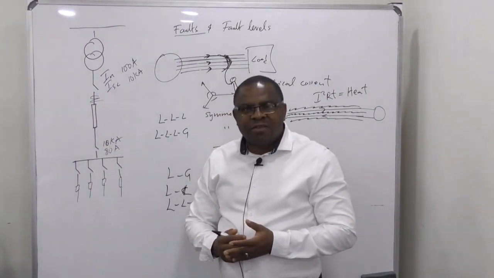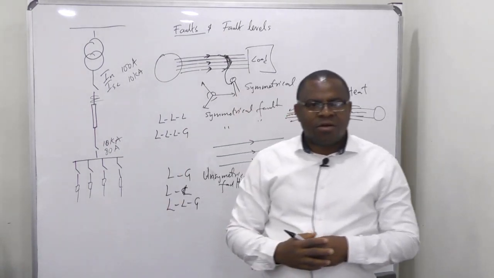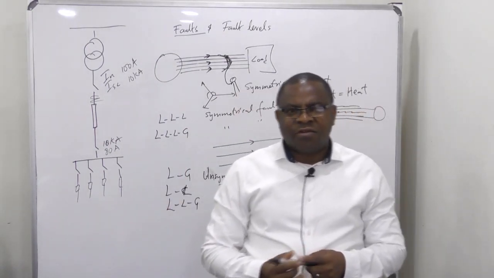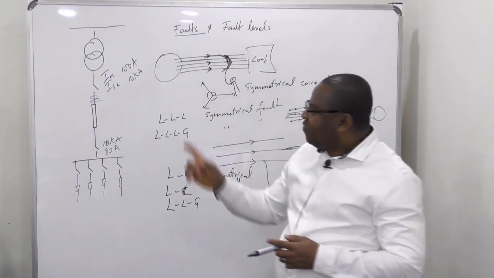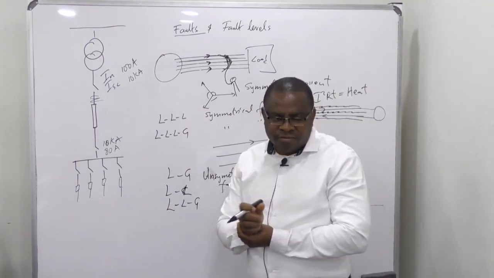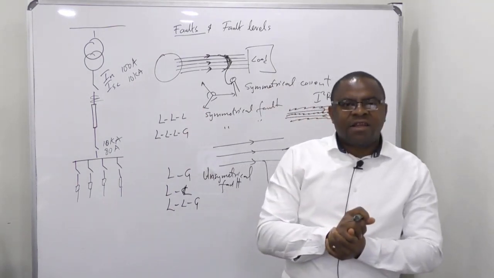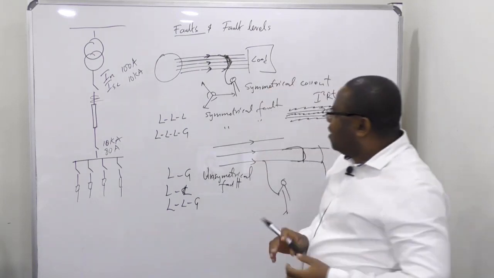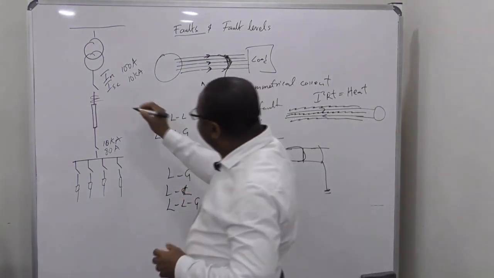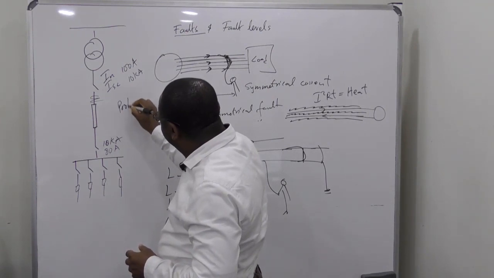You don't just say put an 18 kA board or 20 kA or 25 or 10. You need to do fault analysis. And the next thing is that the essence of fault analysis is for protection settings.